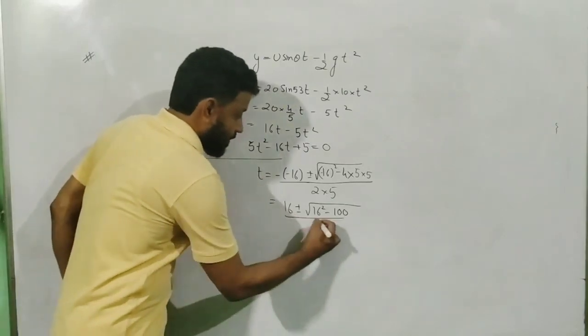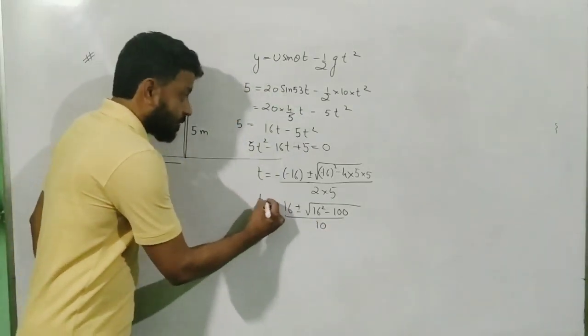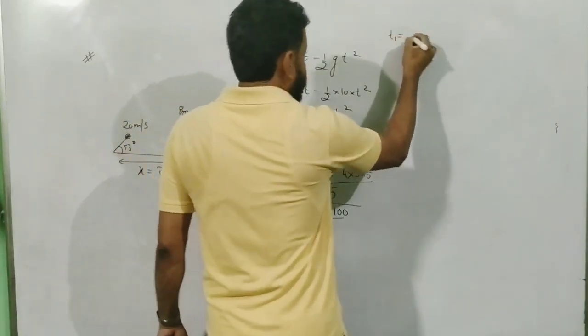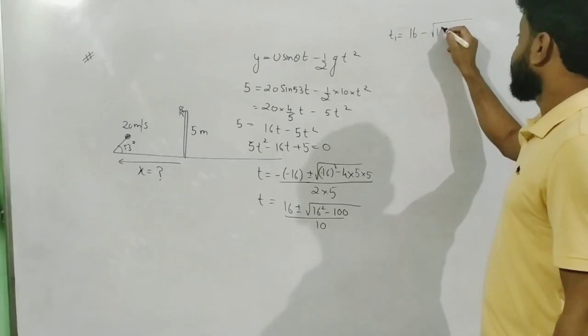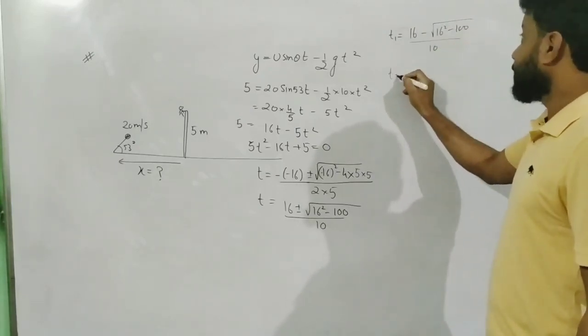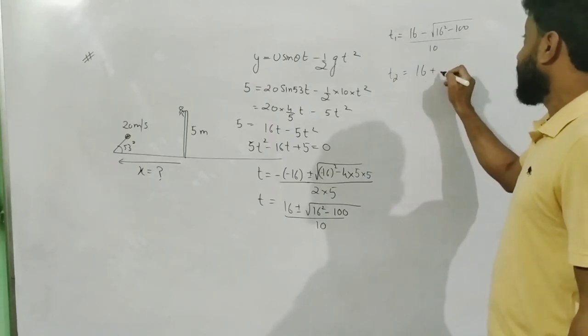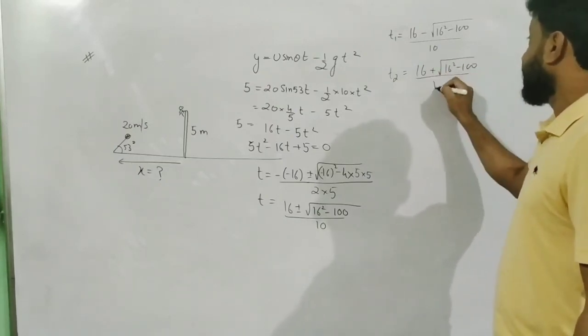Divided by 10, here I am going to get 2 times. So t1 = (16 − √(16² − 100)) / 10, and t2 = (16 + √(16² − 100)) / 10.